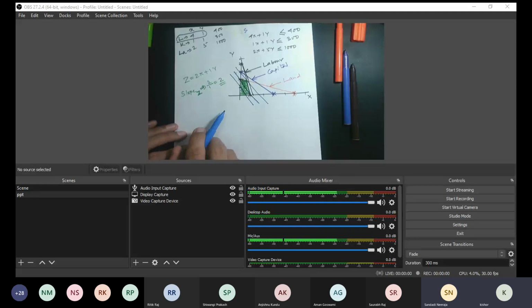Third step, what it talks about, is that the optimal solution will be at that particular point where one particular budget line will become tangent to that particular shaded area, region of feasible solution. So the moment it becomes tangent, that will be your point where you will get your optimal solution.